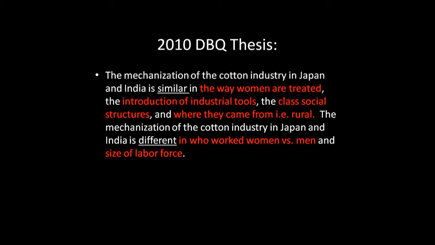They're typically rural poor, and they moved into the city and they work in the industrial factories, both in India and Japan. They're different in that women worked more often in Japan and then in India, where they used men, and the size of the labor force. So like how many men or how many women were involved.